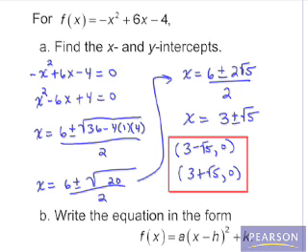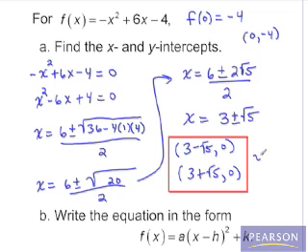To find the y-intercept, we'll let x be 0, or we'll simply find f of 0, and when we let x be 0, this term becomes 0, this term becomes 0, and we're left with negative 4. So the y-intercept is at the point 0, negative 4.